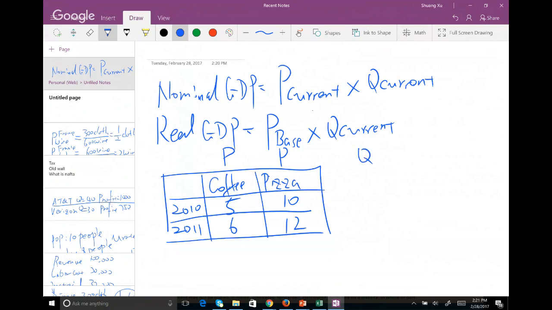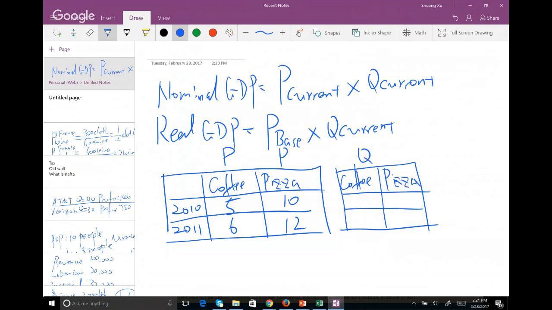And then for quantity, we have coffee and pizza. Let's suppose we produce 10 cups of coffee in 2010, and 10 pizzas in 2010, and then for 2011, let's do 12 and 12.